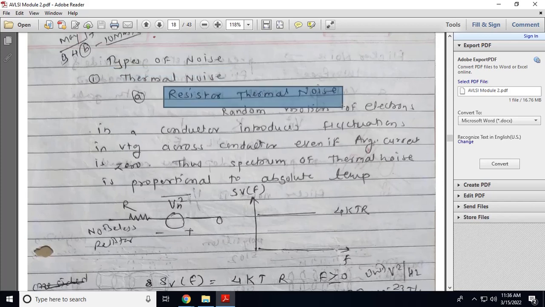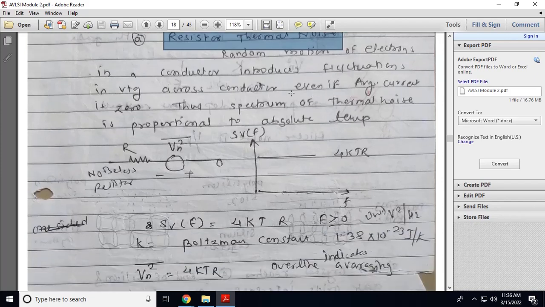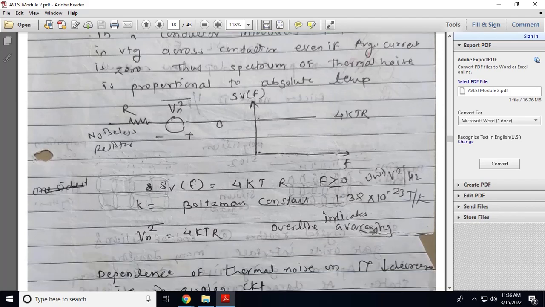Due to the random motion of the electrons in the conductor, there is a fluctuation in the voltage across the conductor, even when the average current is 0. We represent resistor thermal noise by a voltage source in series with the resistor.